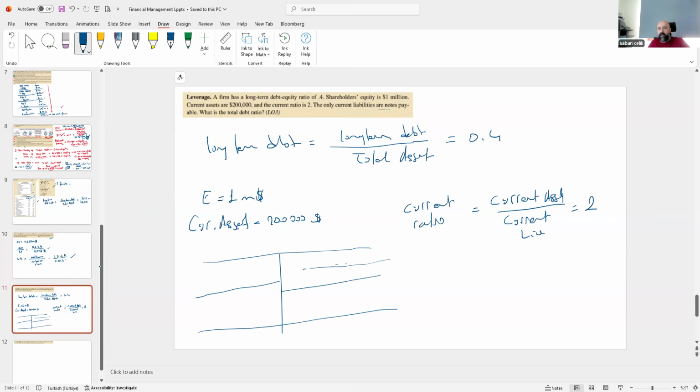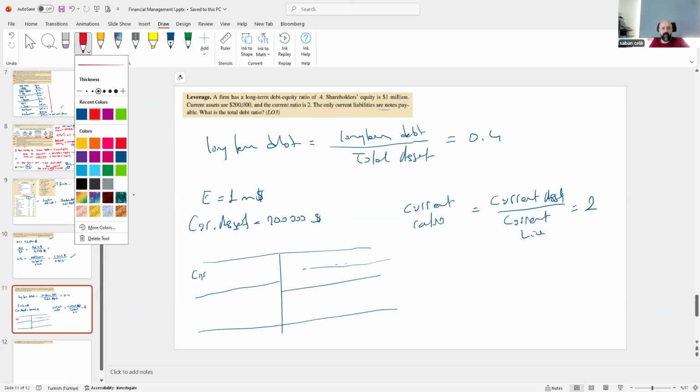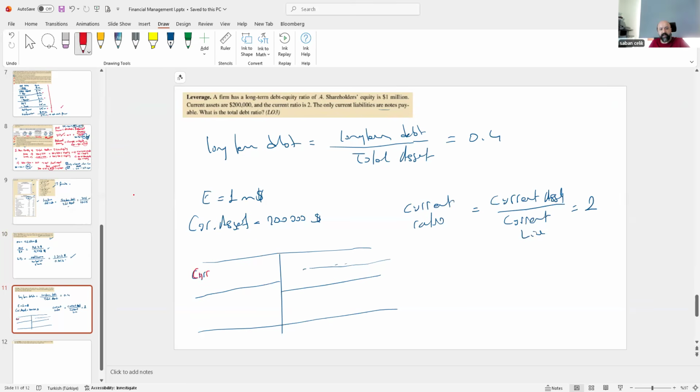Okay, so what is current asset? Current asset is here. Let's write it with the red one. Current asset here is 200,000. And current liabilities here are half of the current assets, because if current assets are 200, then the current liabilities will be 100.